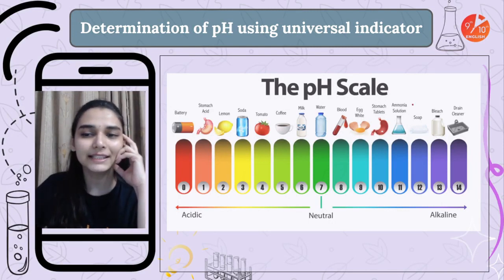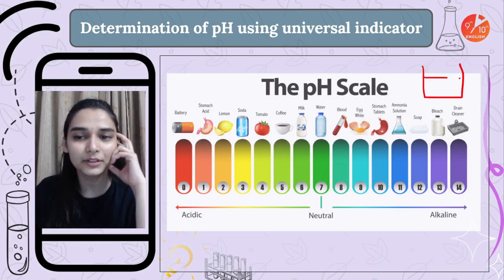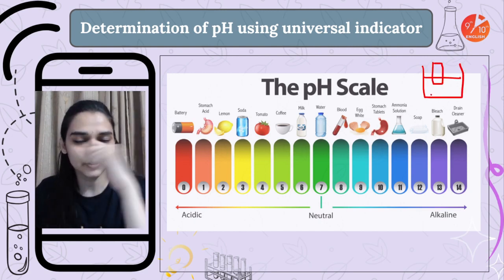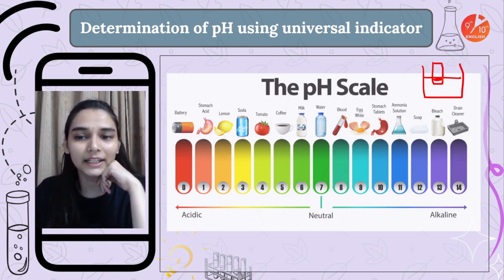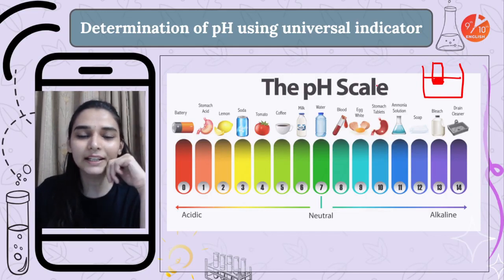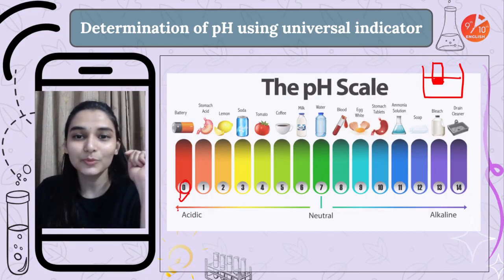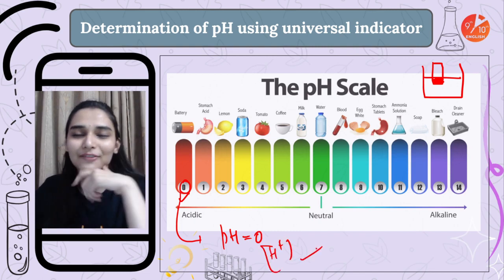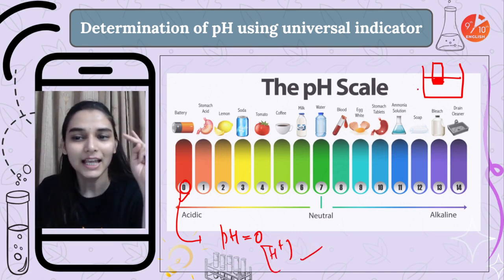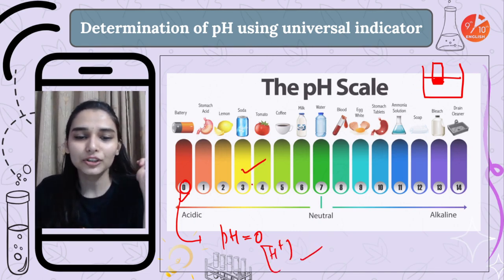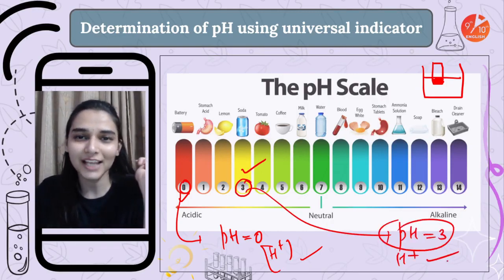ठीक है, so let's say you are having a solution and you dipped universal indicator into it and it turned red in color. आपने देखा red हो गया, so match it from this. Say अरे, red means pH value is 0, and you can find the H plus ion concentration because you have a relation between the two. ठीक है. Let's say color changed to yellow, so you can say अरे, pH value is 3. So if you have the pH value, H plus ion पता चल जाएगा, है ना.